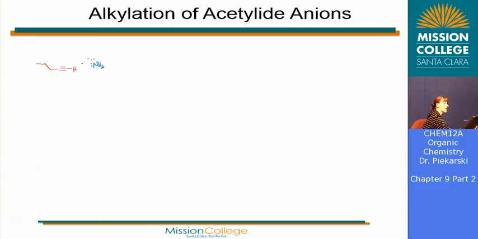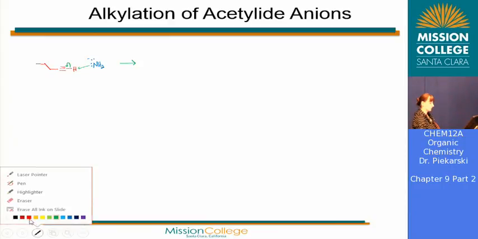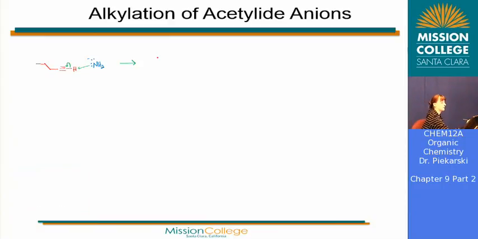And those electrons pull off this proton, and these electrons here are localized onto that carbon atom of the acetylide anion. So let's go ahead and draw it: we have a lone pair and a -1 formal charge on that carbon atom, and we've also made ammonia.